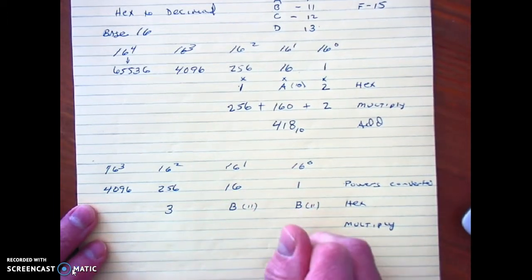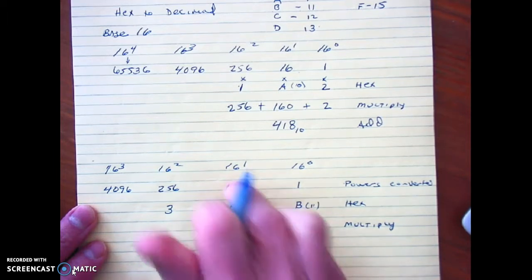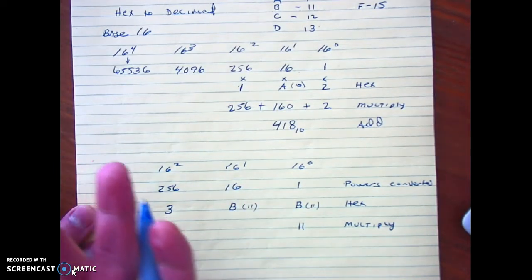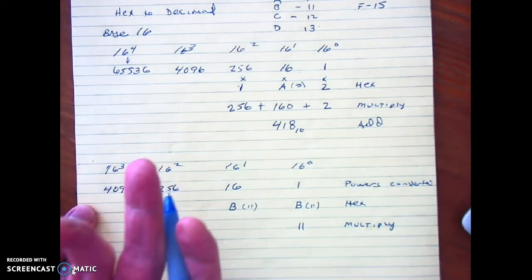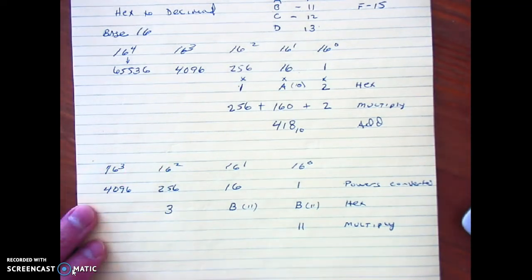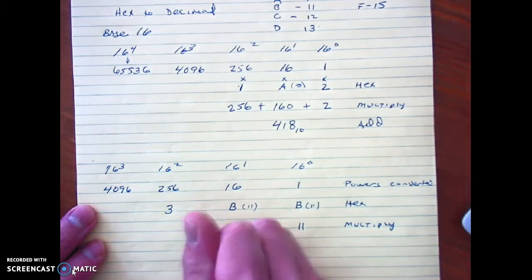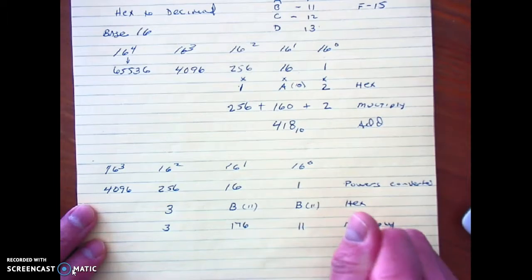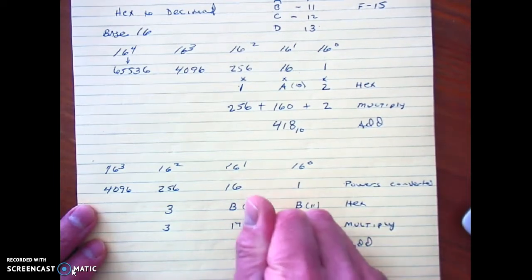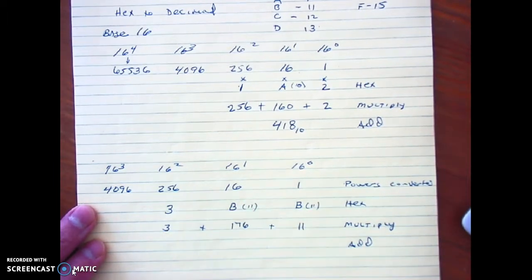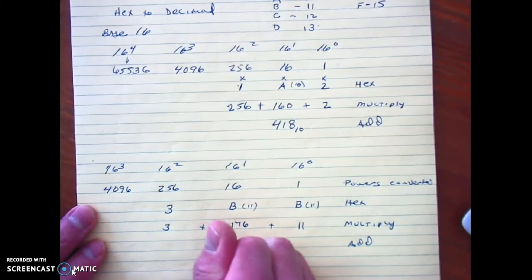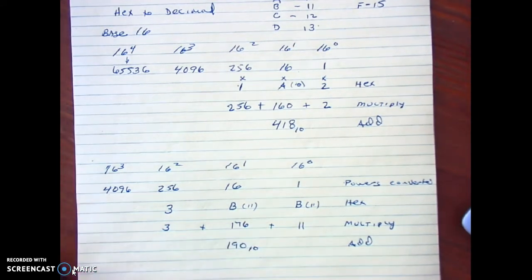So 11 times 1 is 11. 11 times 16: that should be easy. You can just take 10 times 11 is 110, and then 6 times 11, which is 66, so that's 176. And then 3. And then finally we have to add. So 3 plus 11 plus 176 is 190 in decimal. So that's the answer.